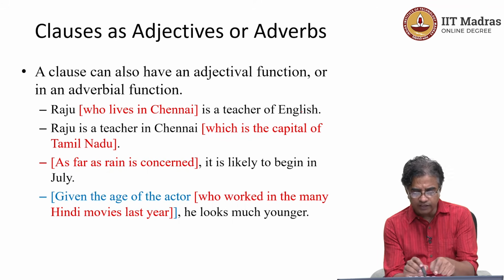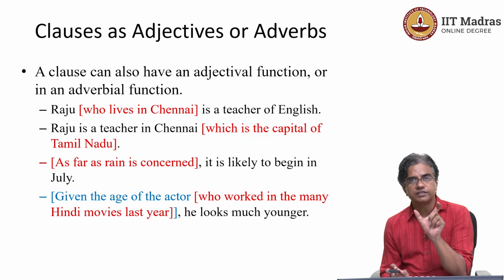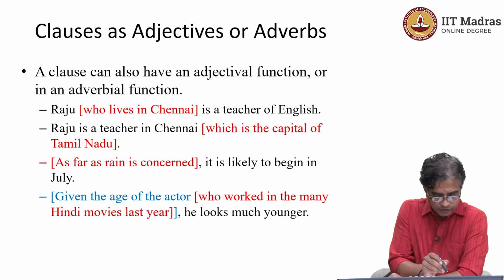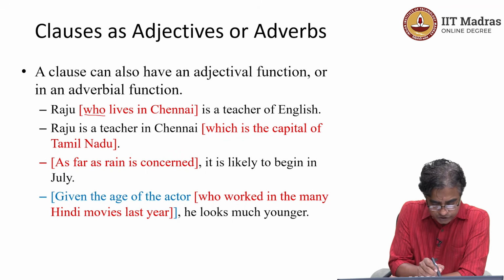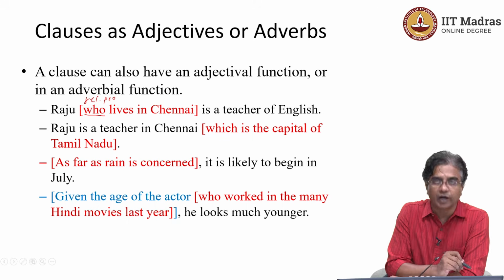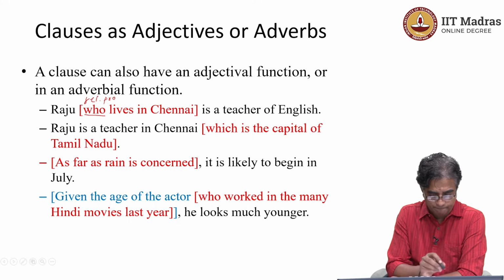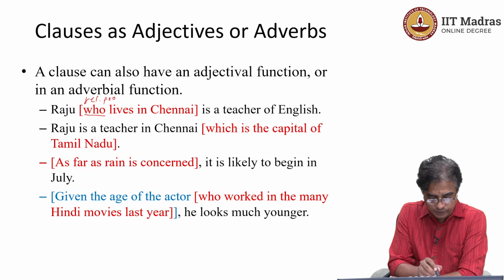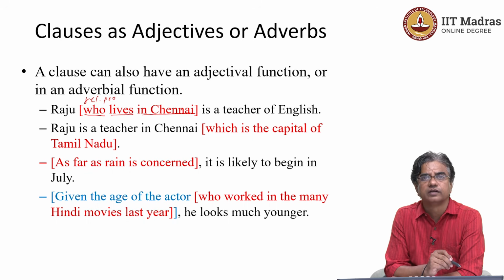Look at this, who lives in Chennai is a full sentence where who is not really a question word, it's a relative pronoun. So this is a pronoun, this is the verb, and this is the location.